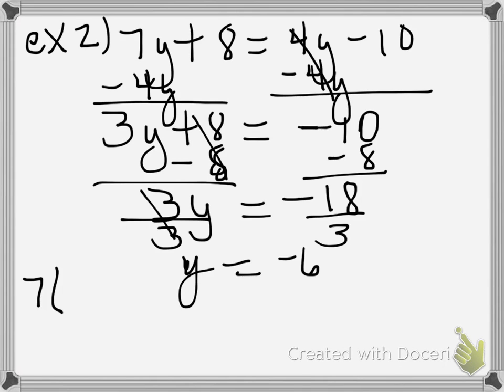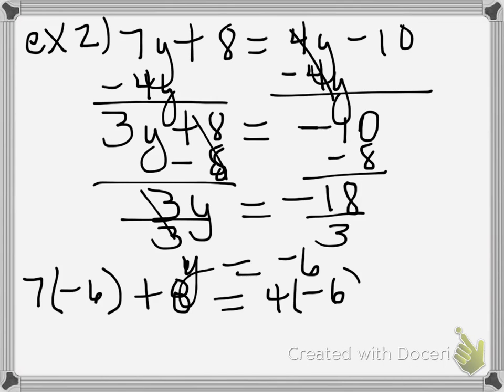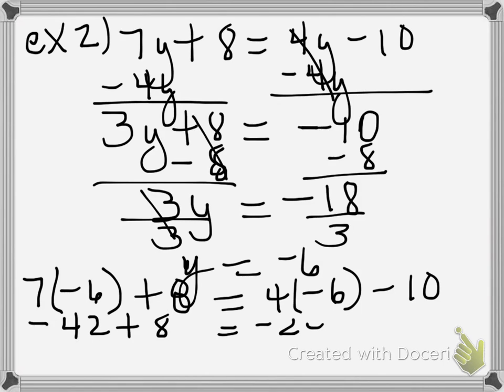So 7 times negative 6 plus 8 equals 4 times negative 6 minus 10. 7 times 6 is negative 42 plus 8 equals 4 times 6 is negative 24 minus 10.